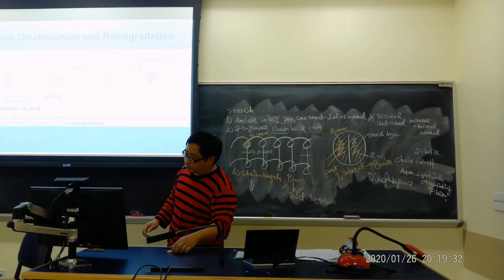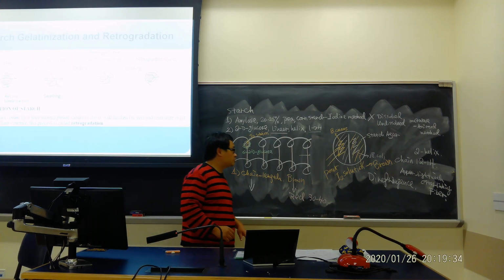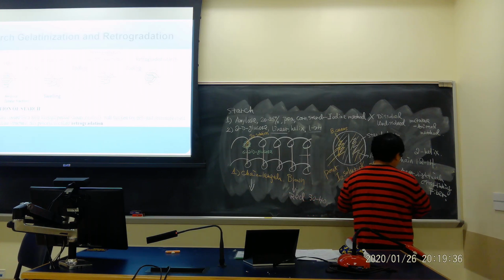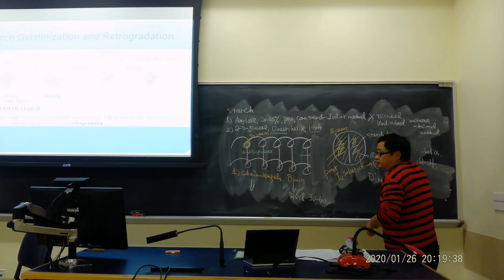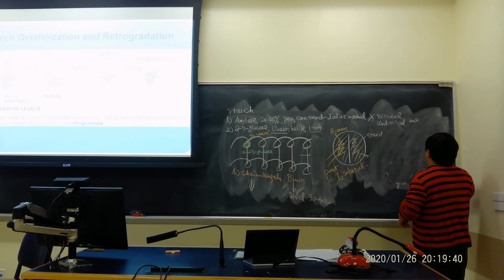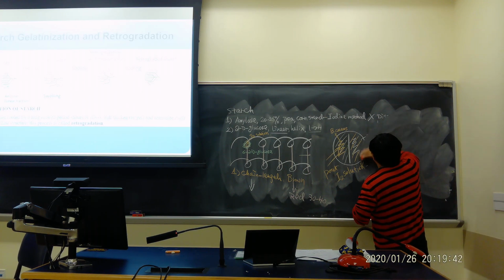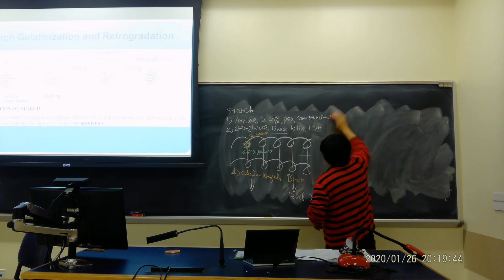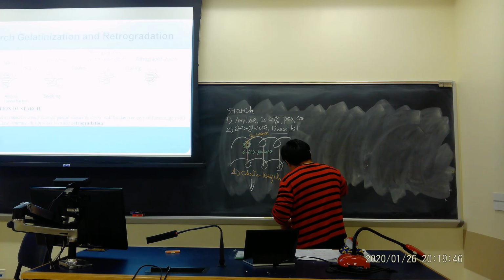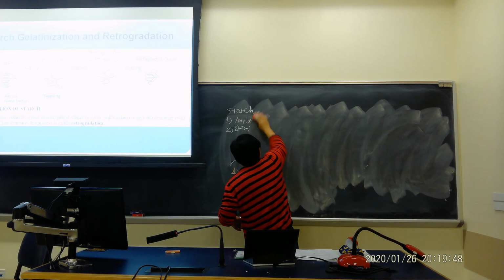Now we want to talk in more detail about the major characteristics of the starch. It's called gelatinization and retrogradation. So we want to spend more time talking about this.